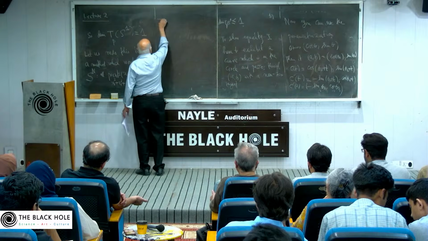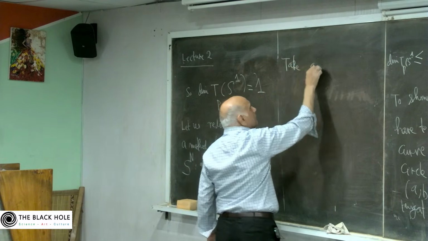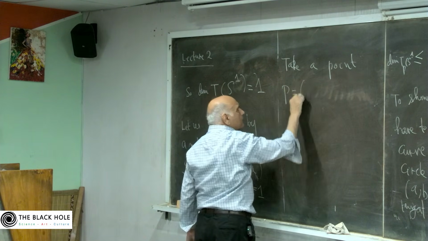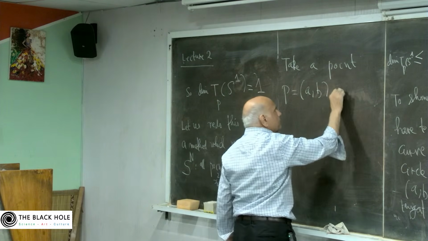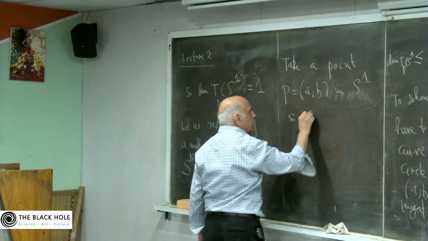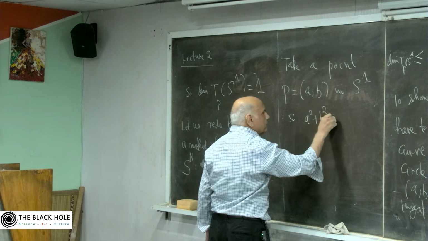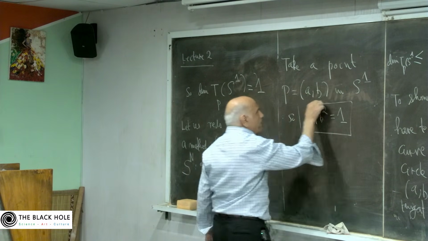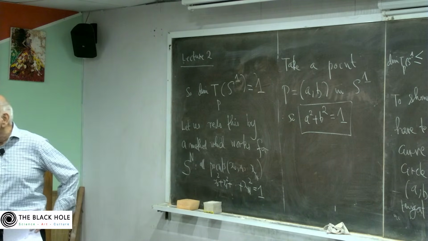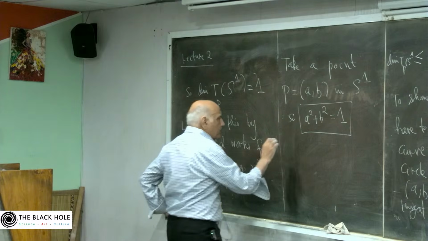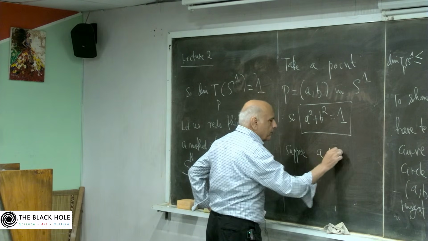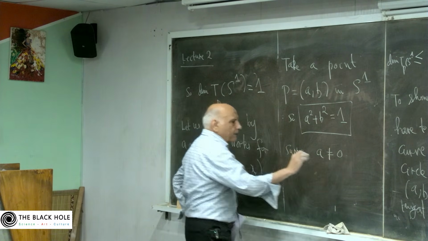So take a point. a square plus b square is equal to 1, right? Of course, both a and b cannot be 0. Let us suppose a is not 0, and a is greater than 0.